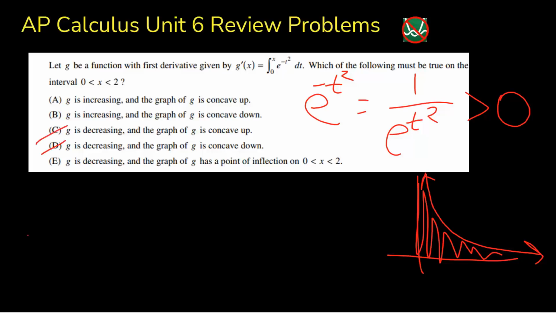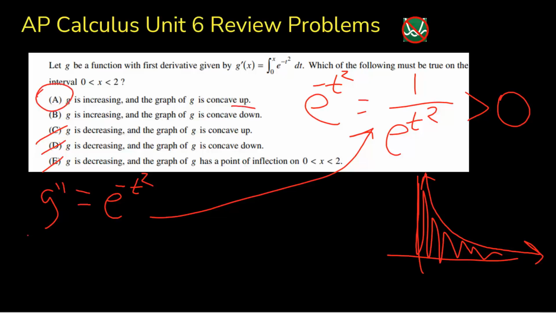So we can eliminate C, D, and E. Now it comes down to concavity. G double prime is equal to just e to the negative t squared, which we already said is equal to 1 over e to the t squared, which is always going to be positive also. Therefore, the second derivative is positive, so g is also concave up, choice A.